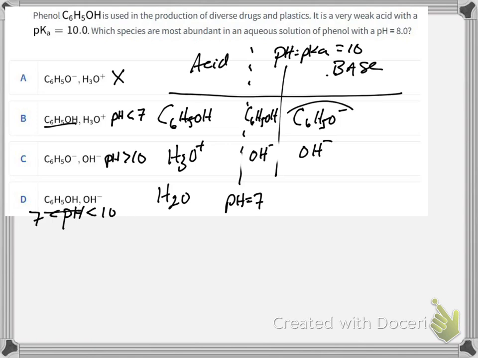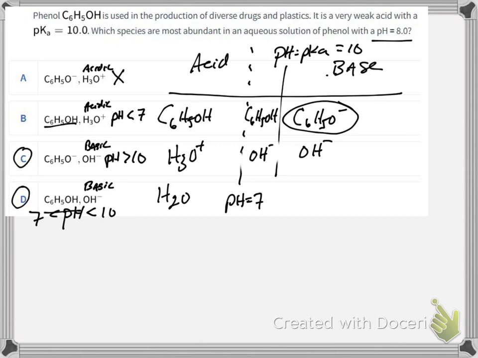We never can have the negative charge in an acidic solution, right? So this is acidic, basic, right? So that's what it's saying by the pH. pH equals 8 is telling us, are we acidic or are we basic? So any pH greater than 7 has to be basic, so that gives us answers C and D.